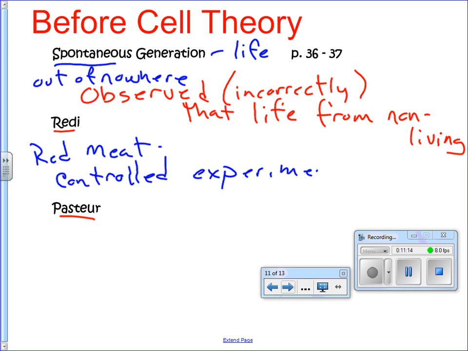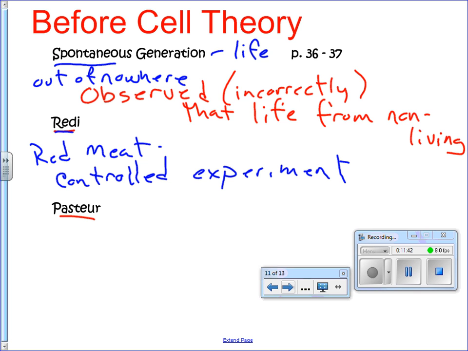And it's really interesting. You'll learn about this same guy in high school or college, and his experiment was actually a lot more sophisticated even than just what your book says. But so the thought was if you leave meat out, maggots will grow out of it. Because what people were not seeing is the fly would land on it and lay eggs that were microscopic. Those eggs would grow into maggots, which grow into flies. But since people weren't seeing that step, they thought it grew out of the meat.